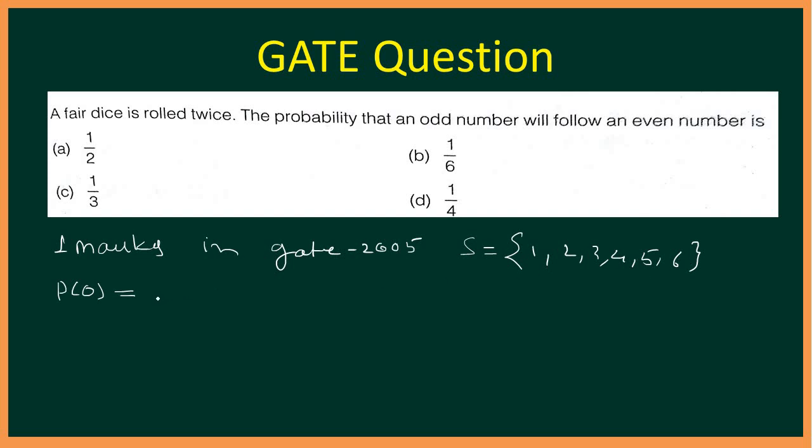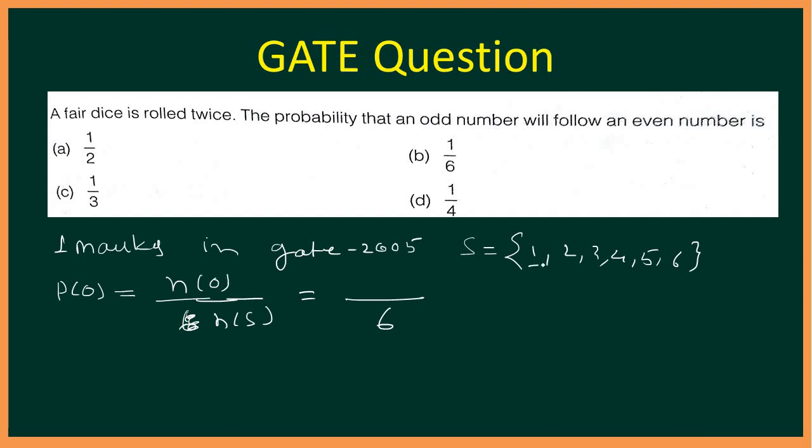So let's suppose we are throwing the dice for the first time, then the number of outcomes in the sample space will be 6. Let's find the number of outcomes when we get an odd number.